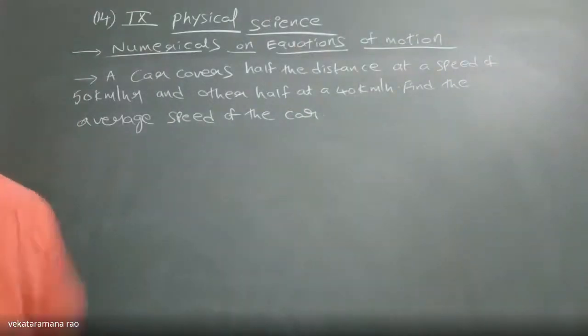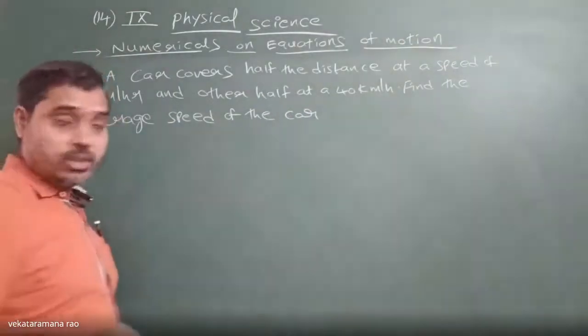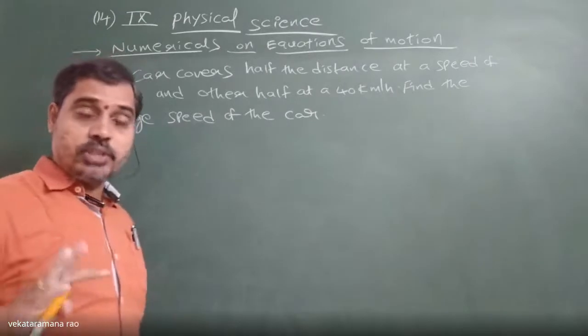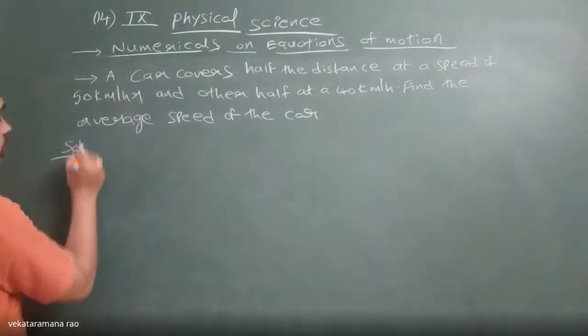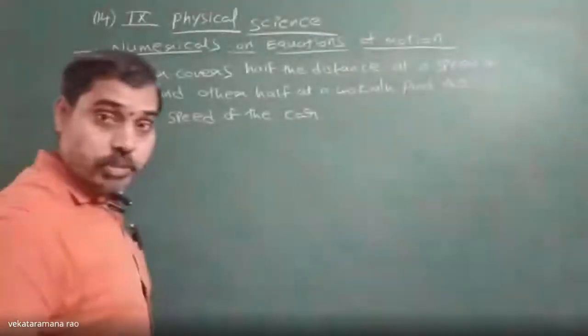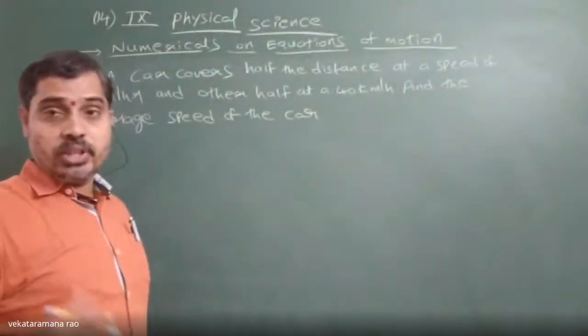So here, half the distance is with one speed and the remaining half with another speed. In the previous case, the first half time was with one speed and the second half time with another speed.